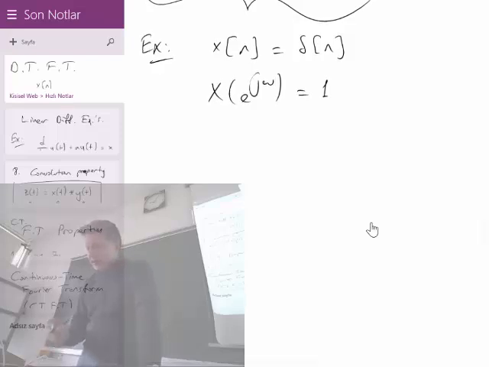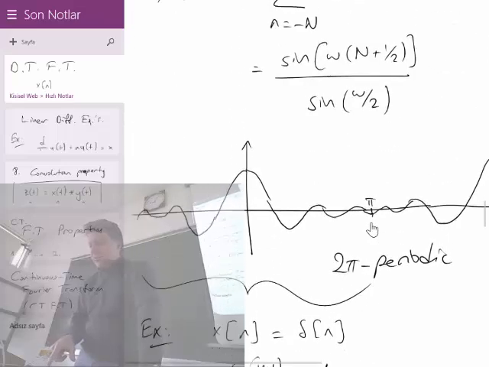The discrete time Fourier transform, if you evaluate using the formula, will be equal to this: sine of pi n over pi n. Or you can think of it from the answer to the previous question.